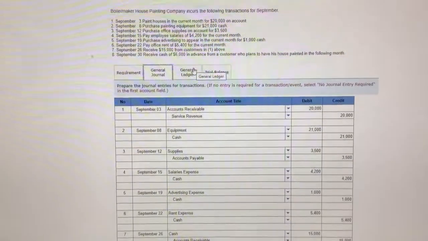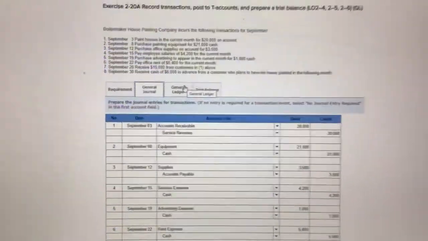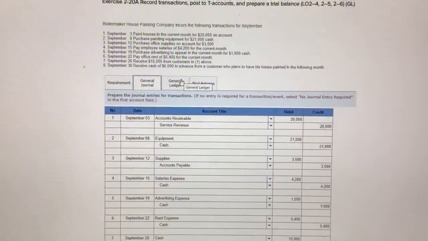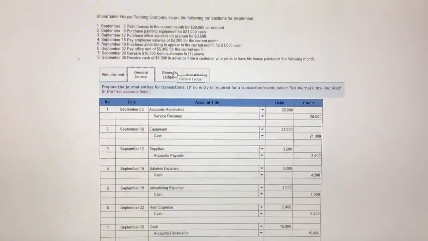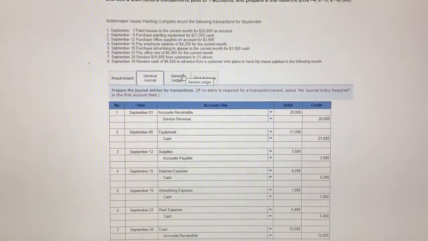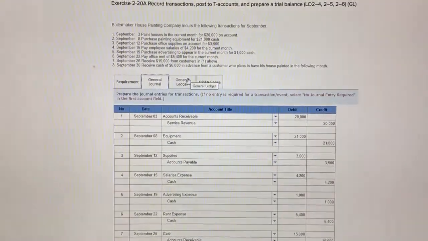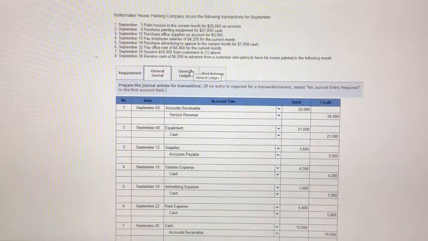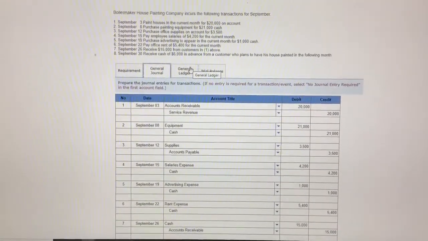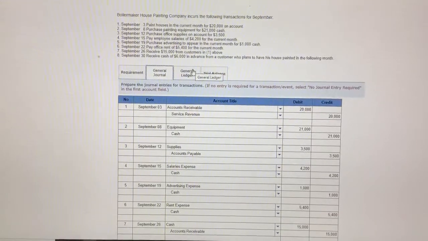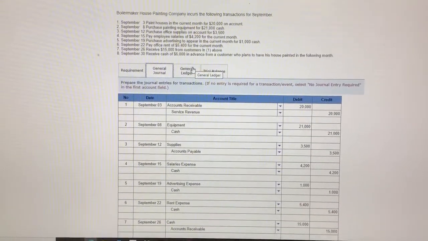So to get started, we're looking at this Boilermaker house company that paints, and they incurred the following transactions for September. This means that when we read these, we're going to have to do journal entries. In the first one, they paint houses during the current month for $20,000 on account.